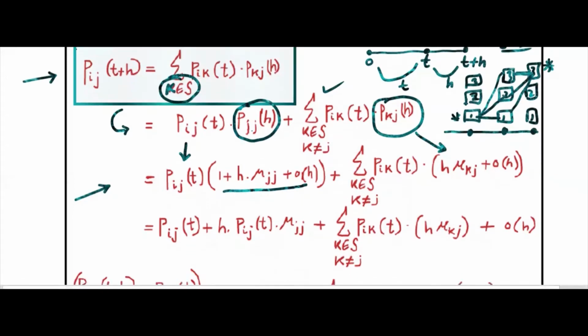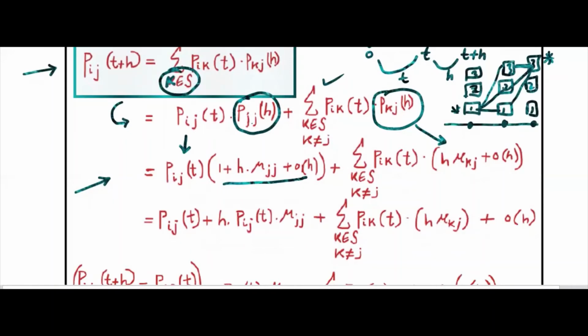Then the next step is to multiply. This one you multiply with 1, you will get this term, and this one you multiply with this one. h is here anyway, P_ij(t) and mu_jj, this term, the second term, plus o(h). Anything multiplied by o(h) is o(h), that is here. Even 1 times o(h) into this, that will come here, because anything multiplied by o(h) gives you o(h).